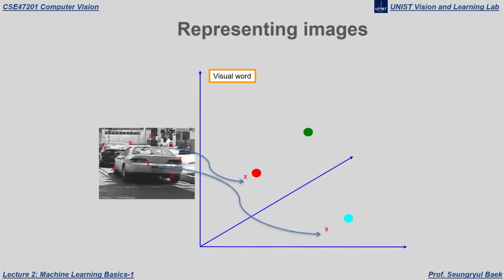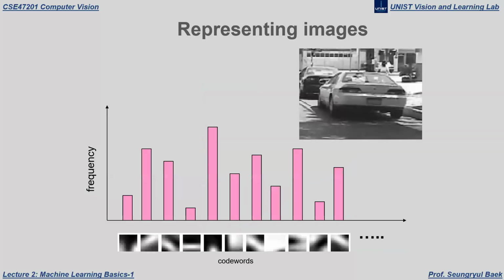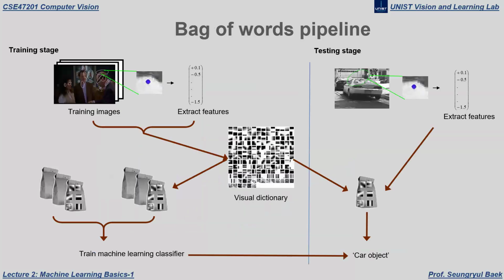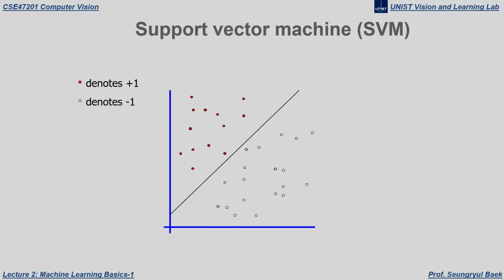Then when new images come, by extracting the same local features, we can map each feature to one of the visual words, their centroid, okay? By doing that, we can construct the histogram for the new images, okay? This is the BOW pipeline.